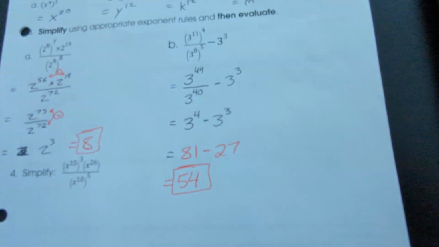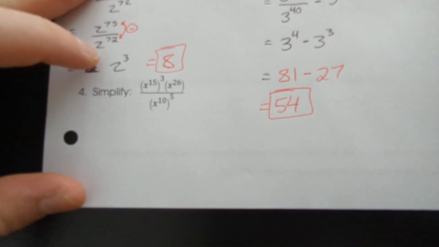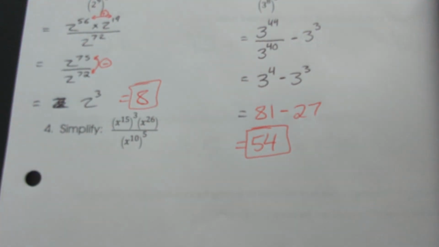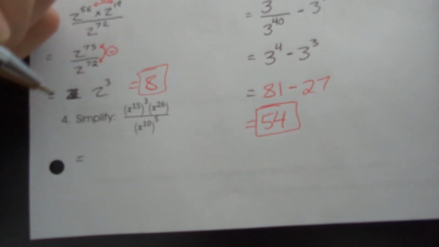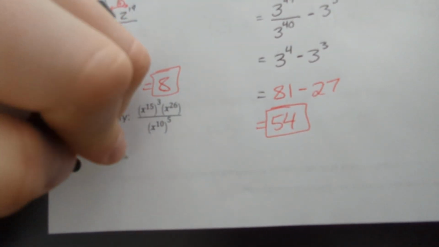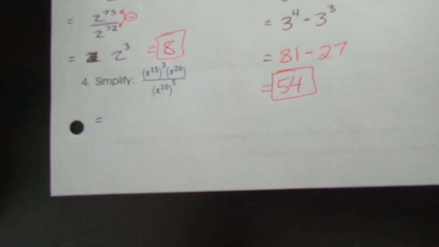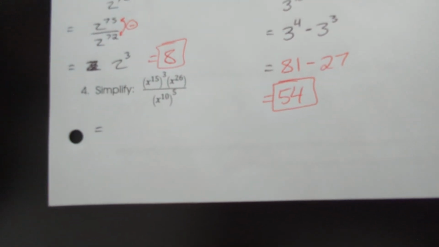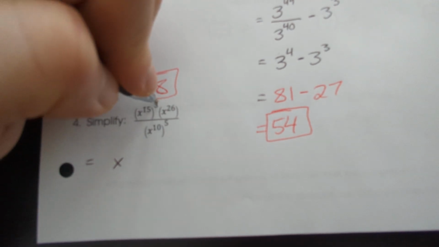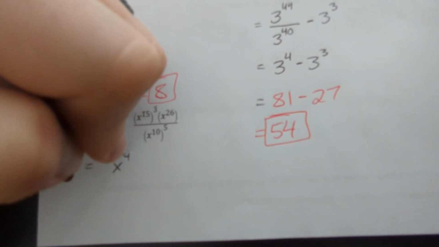Okay? Last example on this page. Again, as we've been doing, you're going to get rid of the power with an exponent on top first. And this one just has x's, so there's no evaluating here, right? So we have x, 15 times 3 is 45.